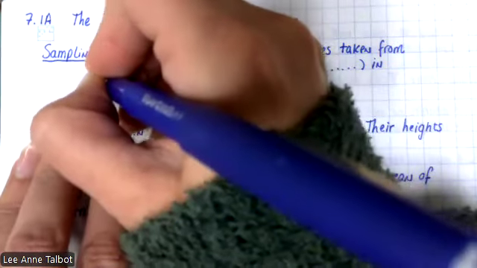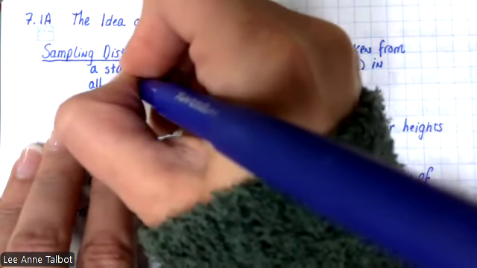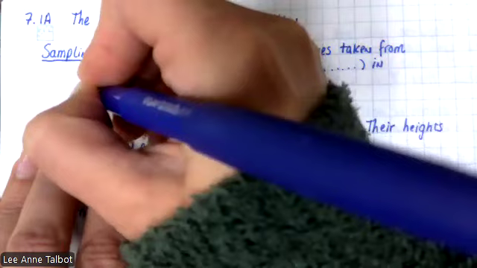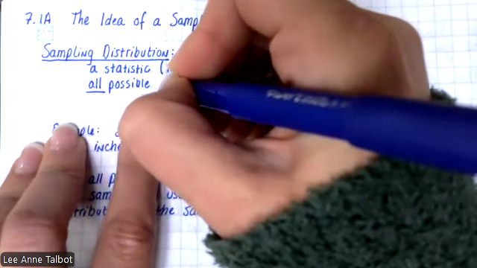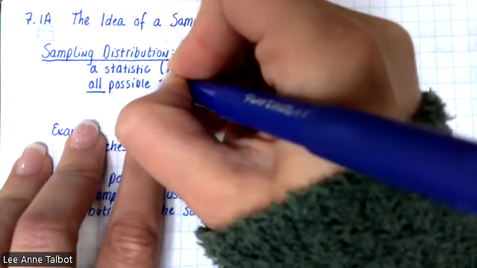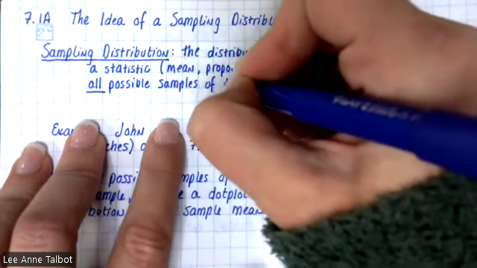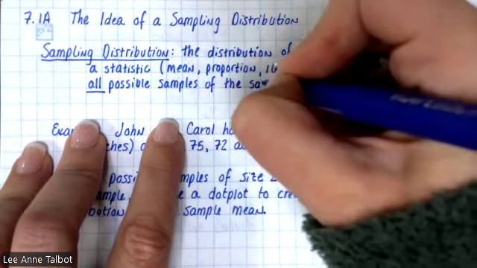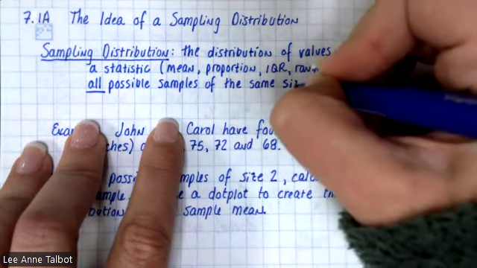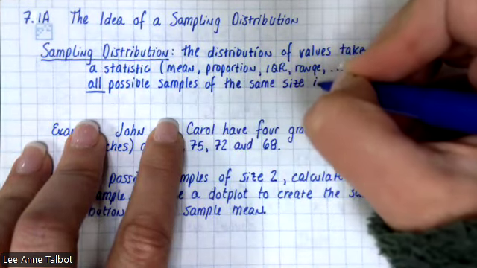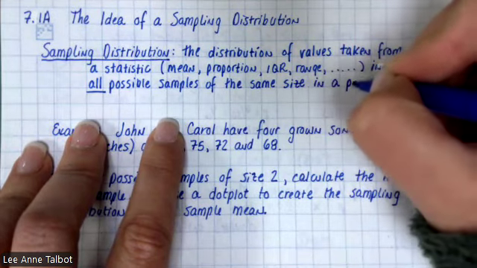In all possible, underline all possible, samples of the same size in a population.